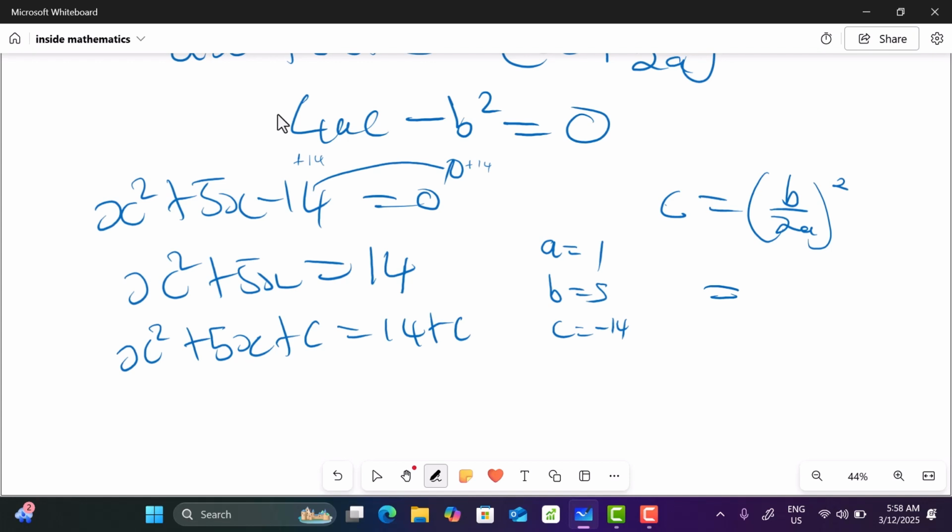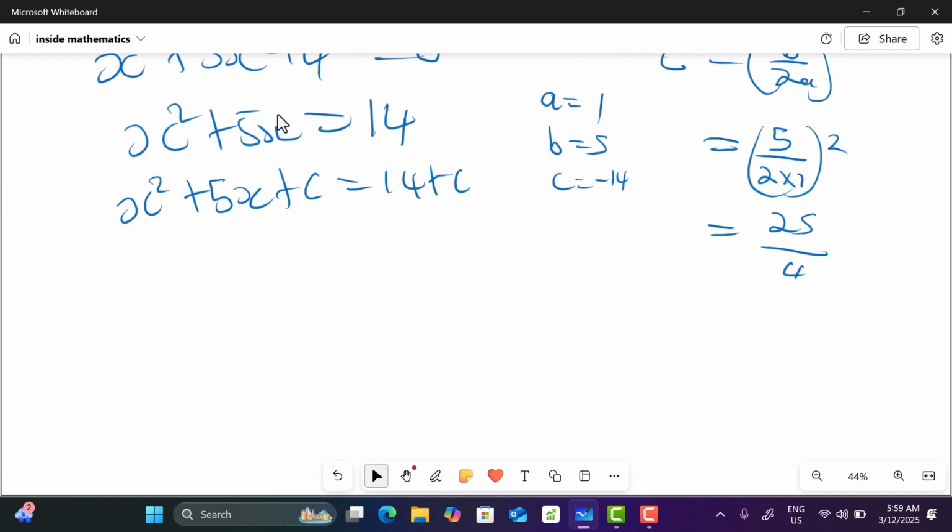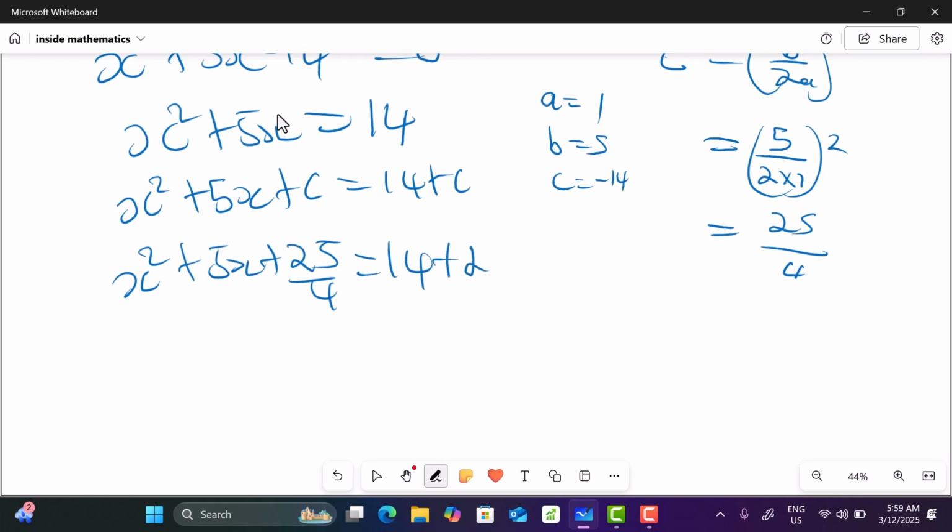You get nothing but (5 over 2 times 1) squared, which gives 25 over 4. So x squared plus 5x plus 25 over 4 equals 14 plus 25 over 4.